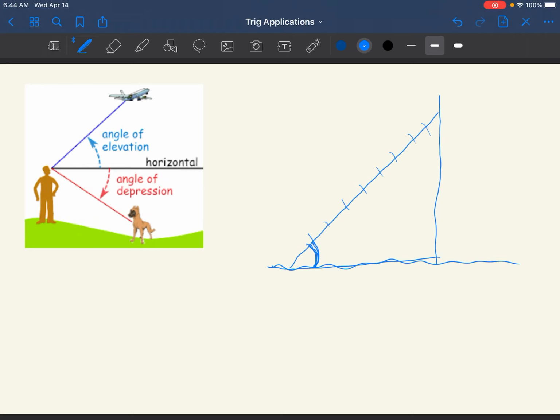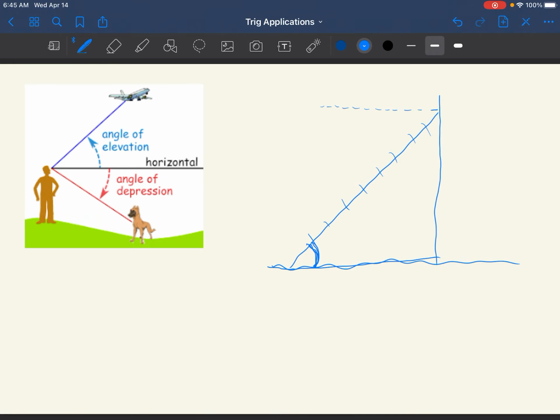Now, the angle of depression, when we're talking about this ladder that's leaning against the wall, is a little bit more difficult. A lot of people think that this right here is the angle of depression, because it is an angle that's going down, but that is not the angle of depression. The angle of depression, I'm going to go ahead and draw it in here. Remember I said the angle of depression always goes down from the horizontal?